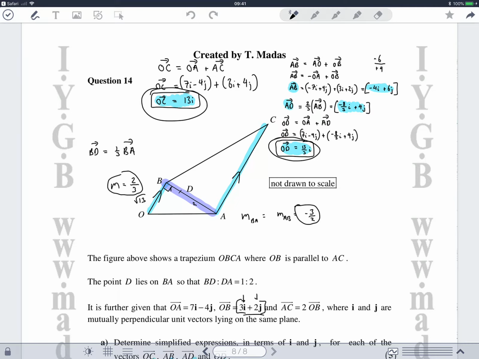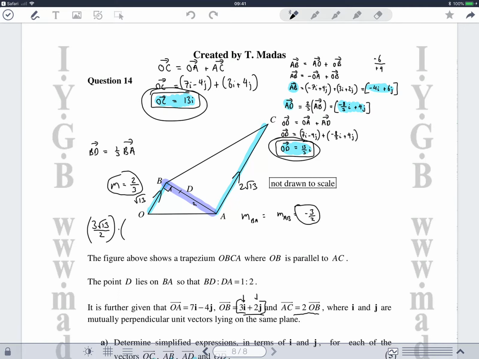A to C, have we done A to C yet? No, but we know it's 2 lots of O to B, so this is 2 root 13. Okay, we add those together, divided by 2, we're going to get 3 root 13 over 2.